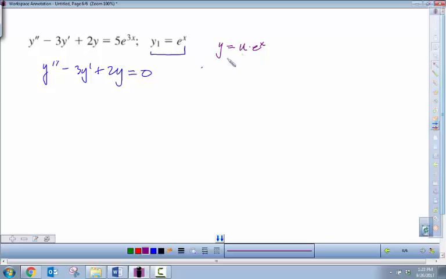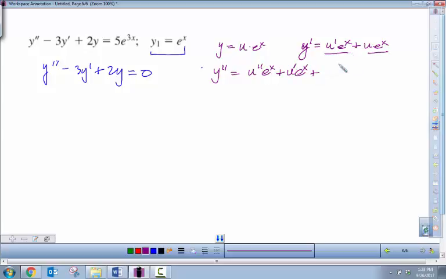So we need the first and second derivatives. y prime is going to be u prime e to the x plus u e to the x. And y double prime, we need the derivative of this, so it's going to be u double prime e to the x plus u prime e to the x. So that's the derivative of the first term.